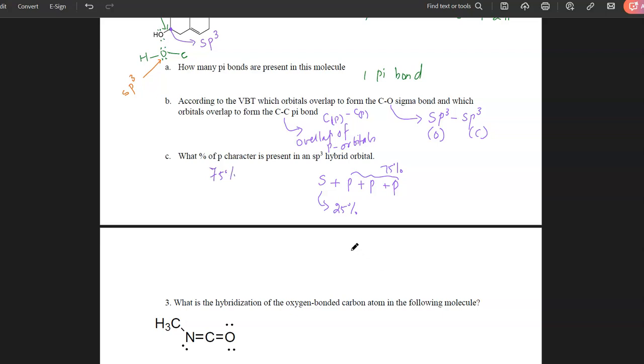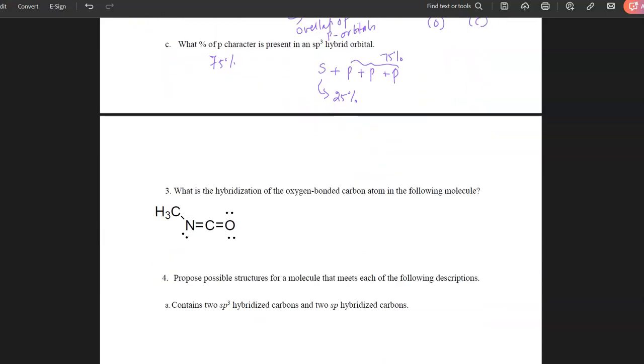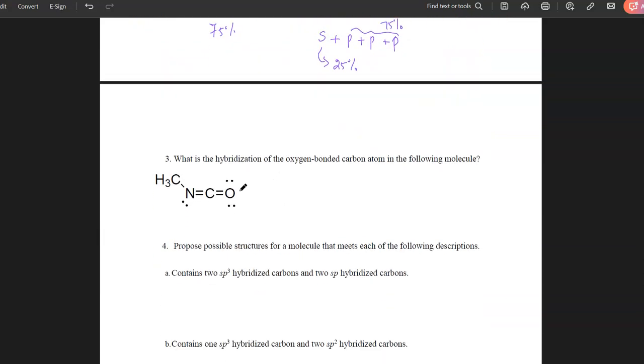Keeping in mind again what we talked about previously, how many electron clouds are around this carbon? This carbon has two electron clouds. So the hybridization should be sp.